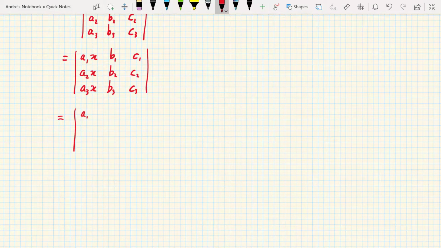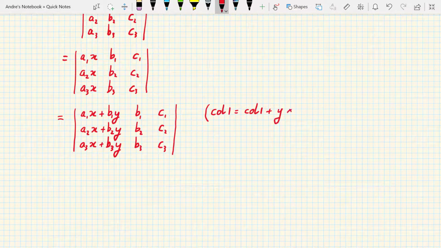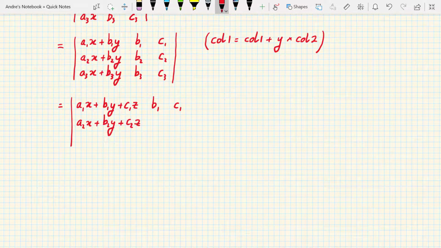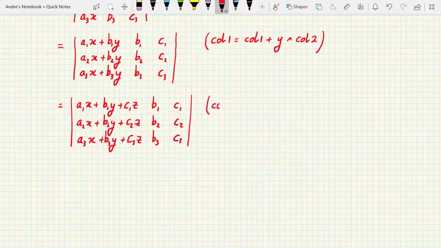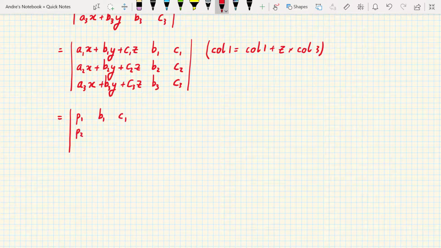Next, recall that a determinant is unchanged if we add a multiple of any column to another column. So here we add y times column 2 to column 1 to give a1x plus b1y, b1c1, a2x plus b2y, b2c2, etc. We do this again, this time adding z times column 3 to column 1 to give a1x plus b1y plus c1z, b1c1, etc. But looking at the first column, each entry is the left-hand side of the given equations, so we can replace them by p1, p2, p3.